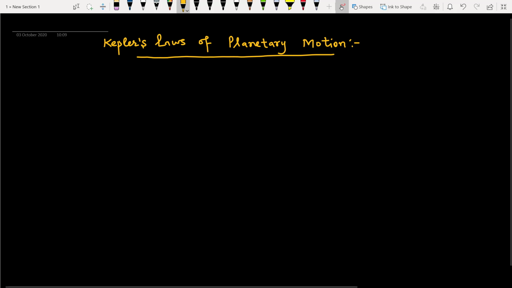You might have studied Kepler laws in 10+1 class as well, but there the proof of these laws is based upon the assumption that Earth revolves around Sun in a circular orbit.